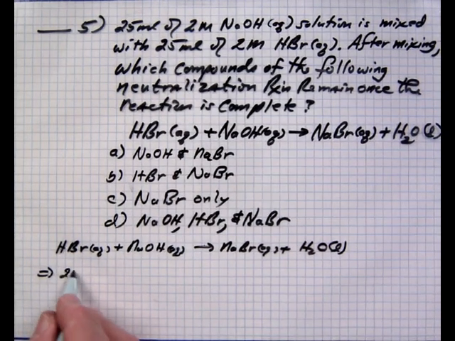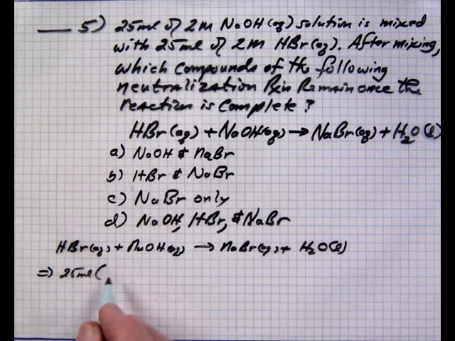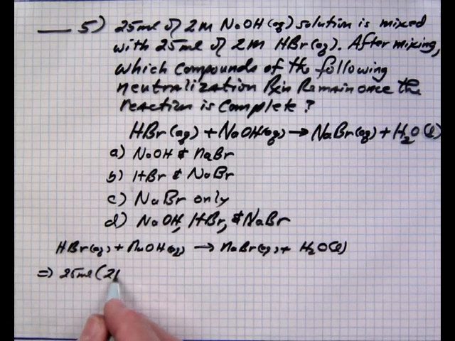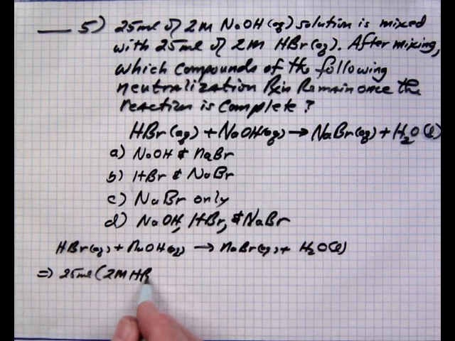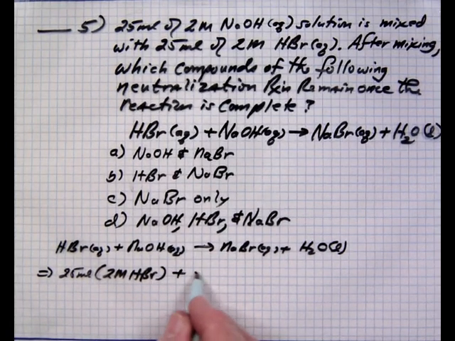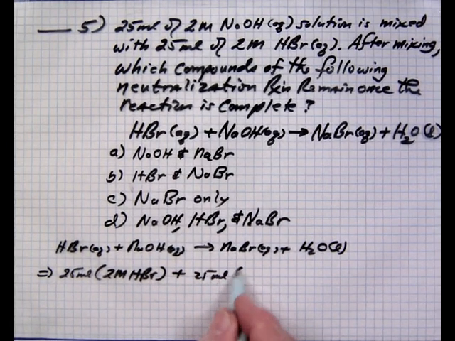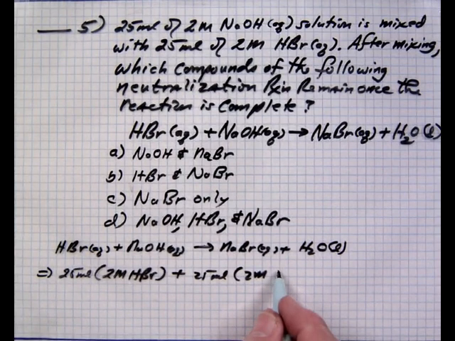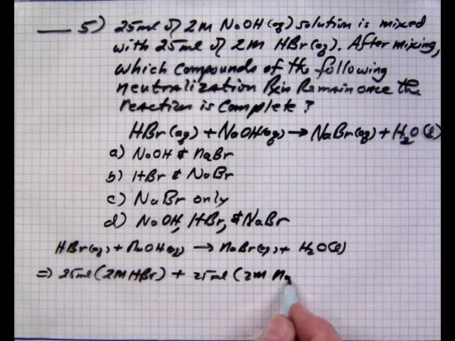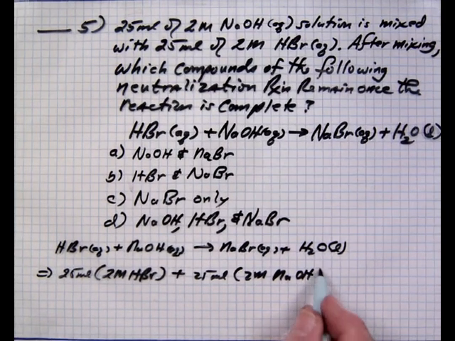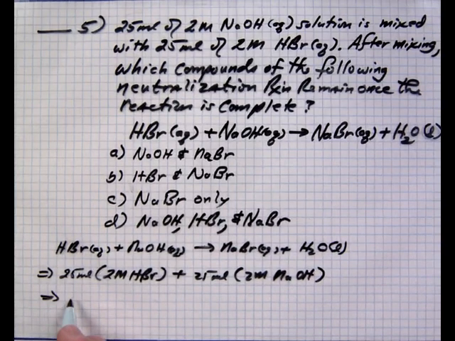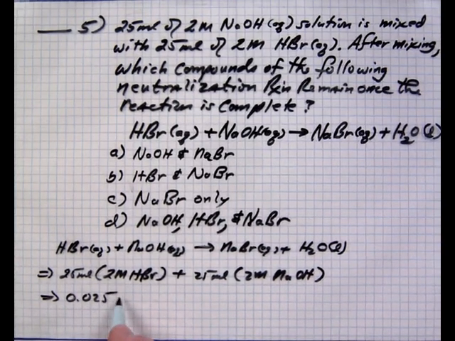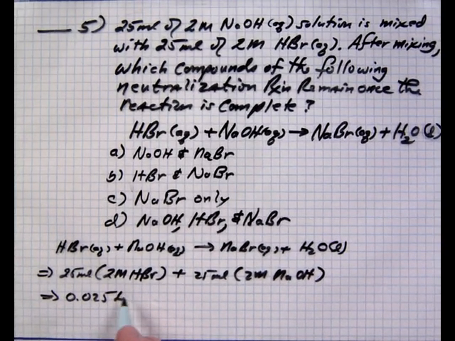Now we've got 25 milliliters of 2 molar HBr plus 25 milliliters of 2 molar sodium hydroxide mixing together, and this is 0.025 liter.